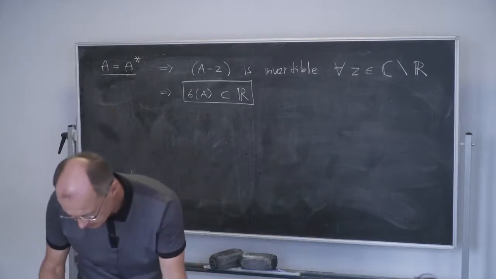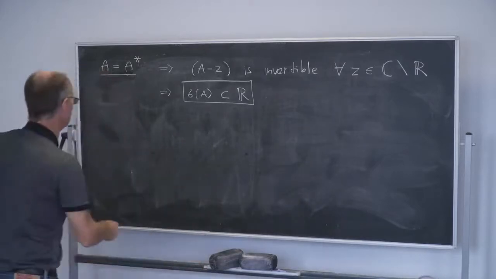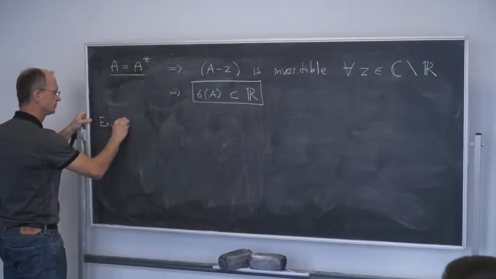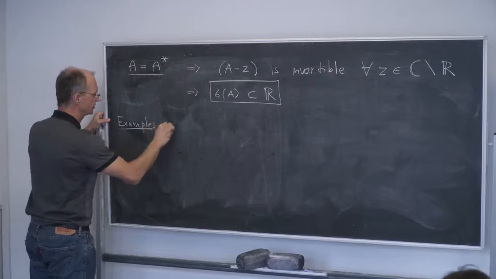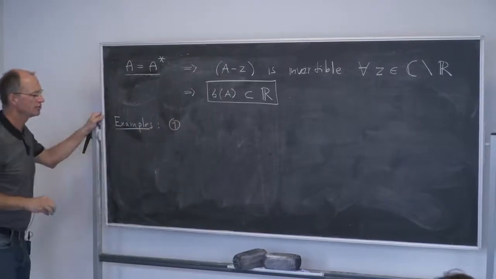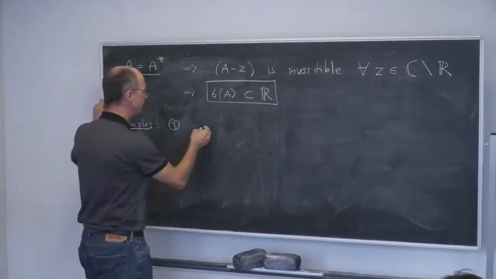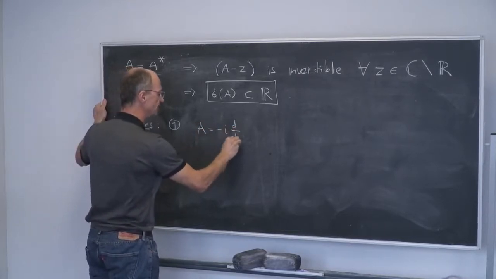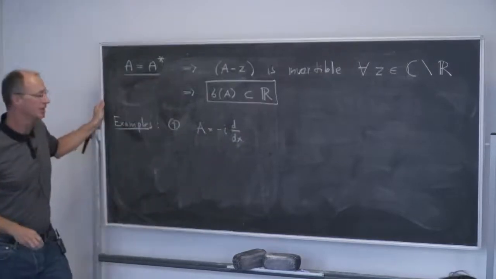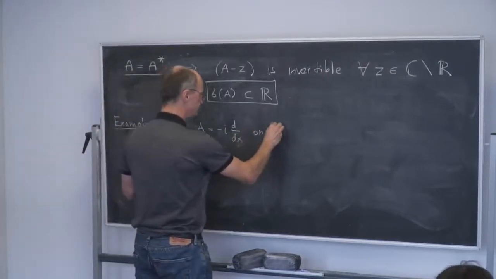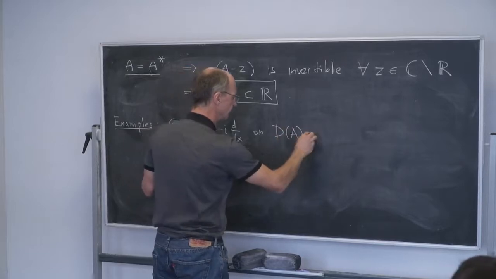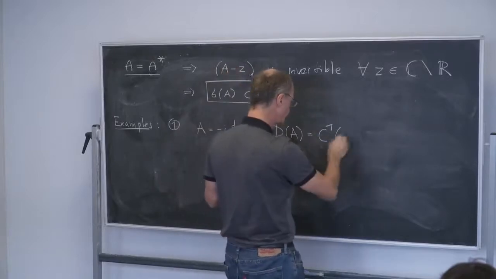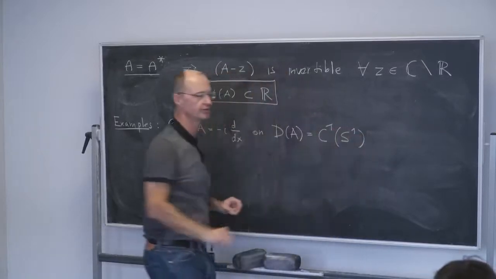Now let's look at a couple of examples, and these will be our guiding examples for today. The first example: let's recall that at some point we looked at the momentum operator minus i d over dx, defined on D(A), which were continuously differentiable functions on the circle.